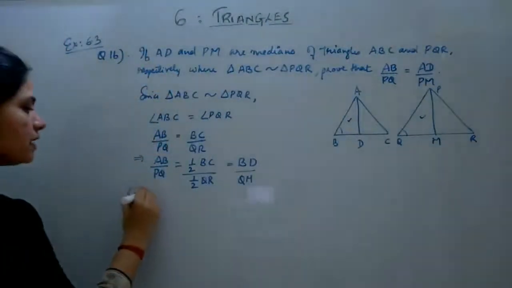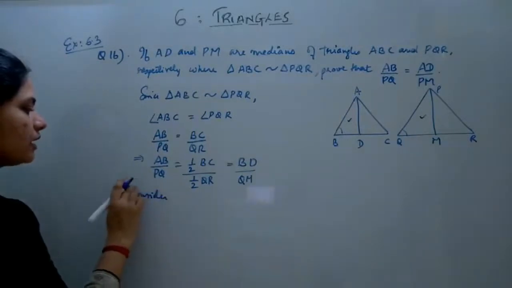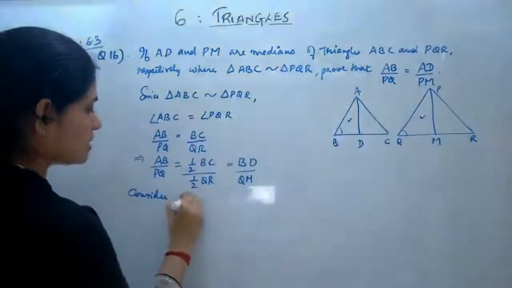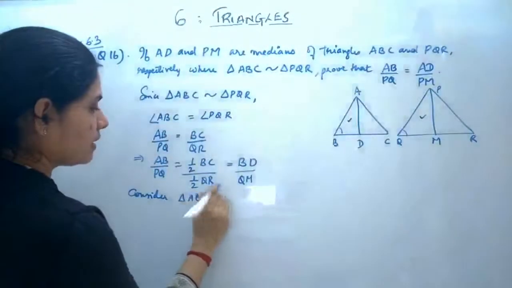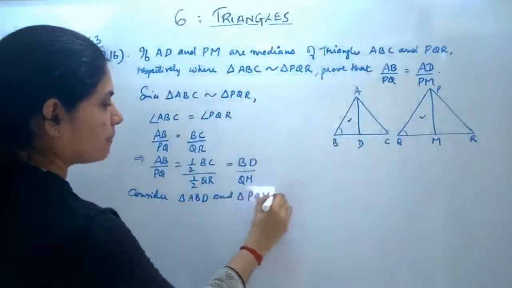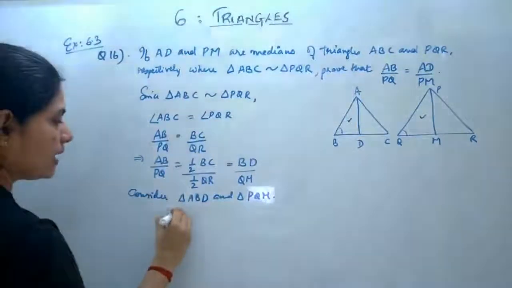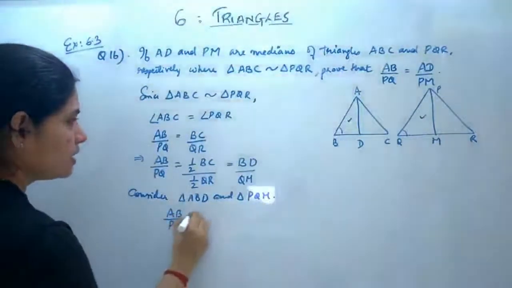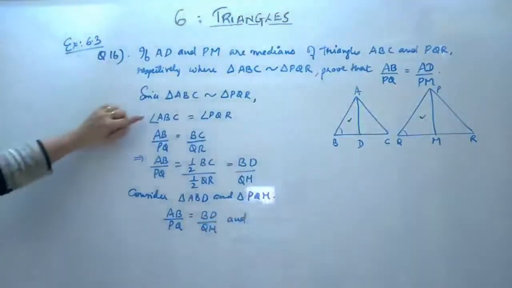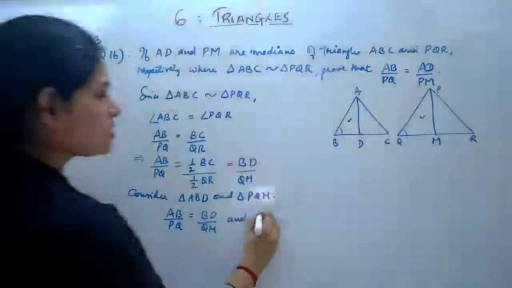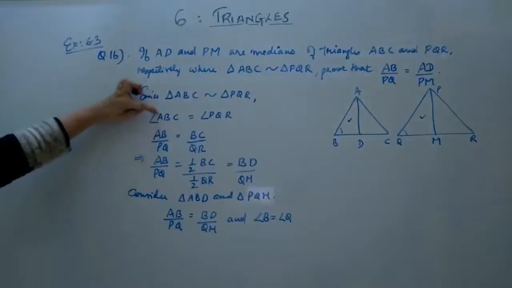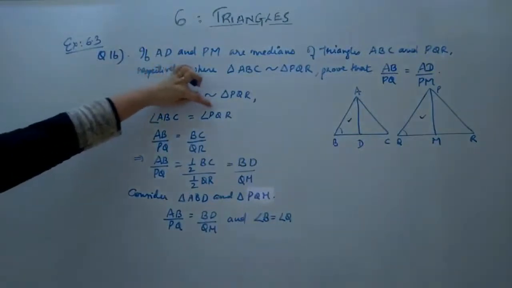So for that, first we will consider the two triangles and then correspondingly write the sides and angles which are equal. Okay, consider triangle ABD and triangle PQM. Here what do you have? We have AB by PQ is equal to BD by QM, and one more thing which we have is you can just write angle B equal to angle Q also, because if you write like this, you have to write ABD and PQM otherwise.